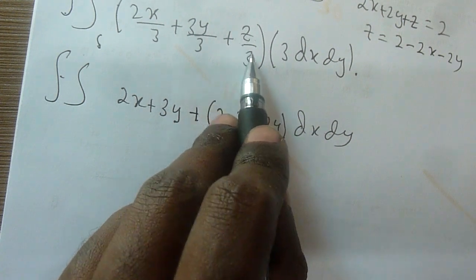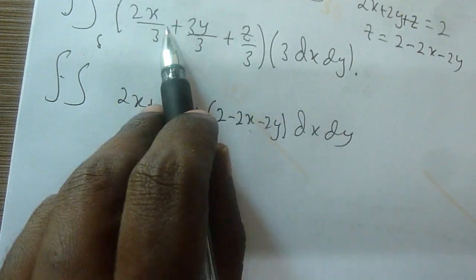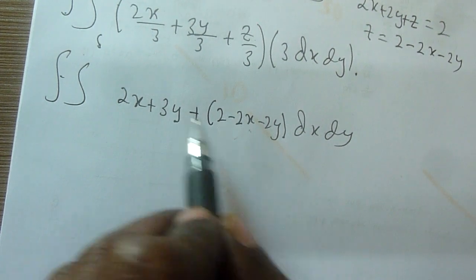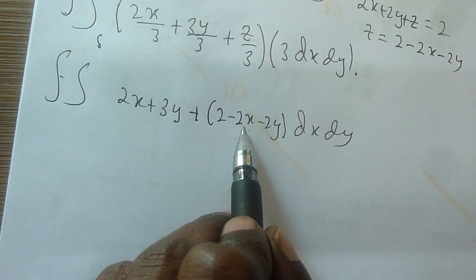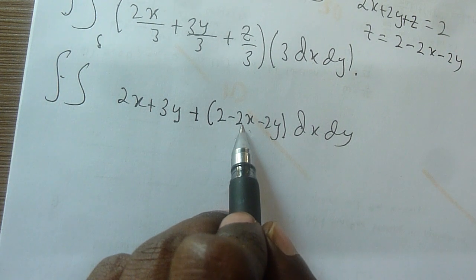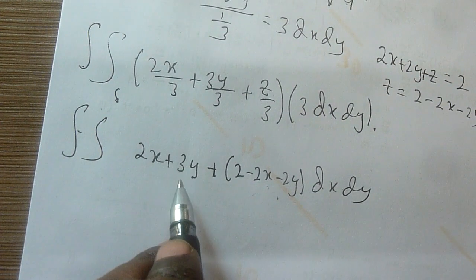Where am I making mistakes here? Z. Yes, substitute to x. Okay, this one will disappear and y plus the 2. Suppose we can get this. Am I making any mistakes here? Where do I get a 3 here?